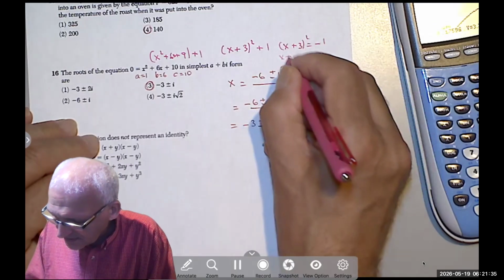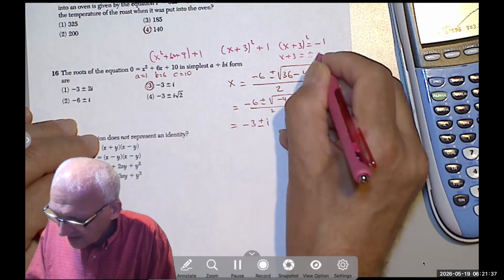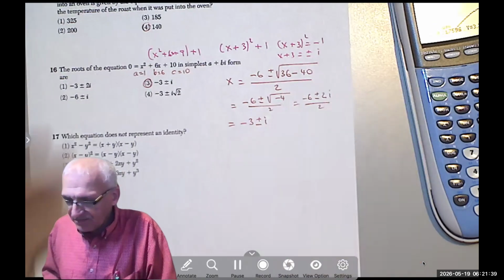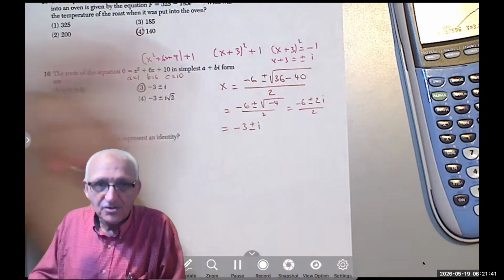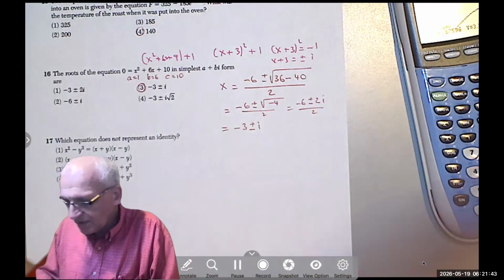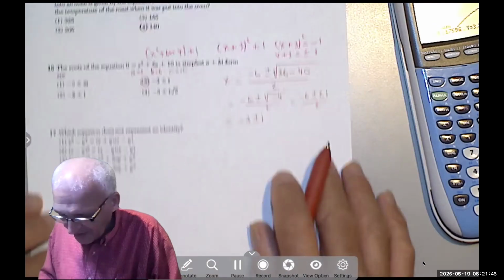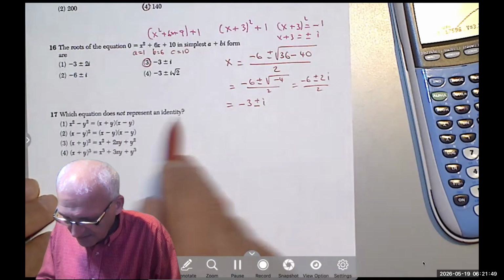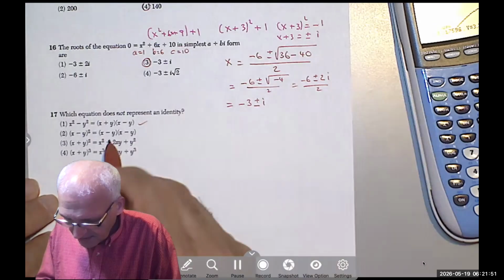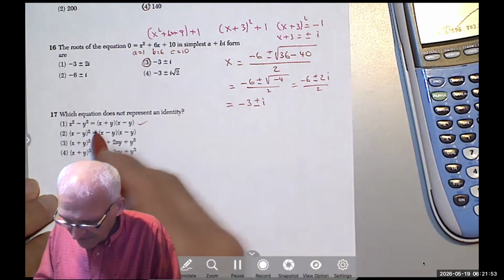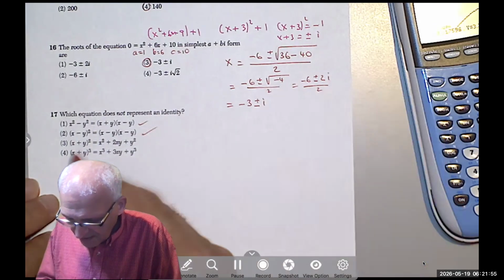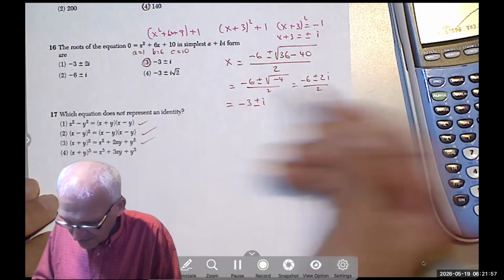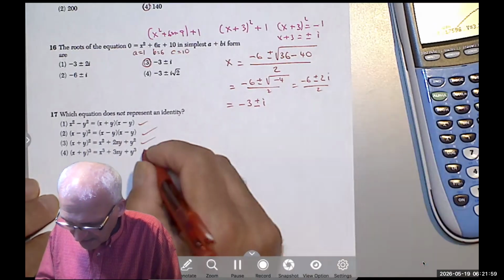So x plus 3 equals plus or minus i, and then I subtract 3 from both sides. As I said, you can either complete the square or use the formula. Both are fine. Which equation doesn't represent an identity? This is an identity. x minus y times itself is x minus y squared. Of course, this is correct. That is incorrect.